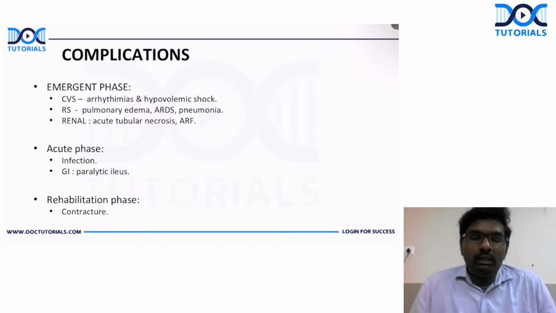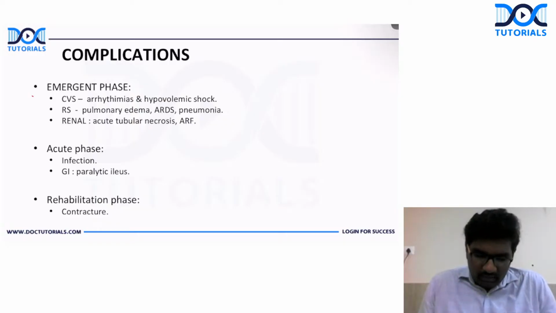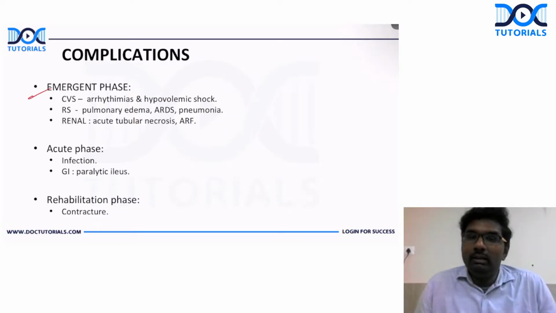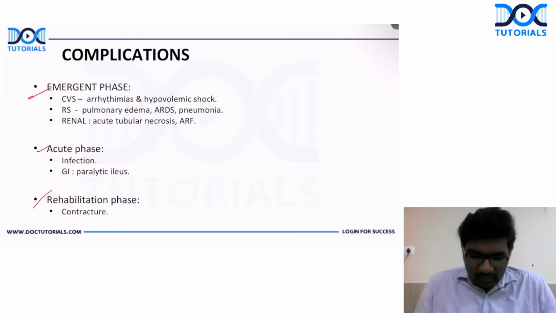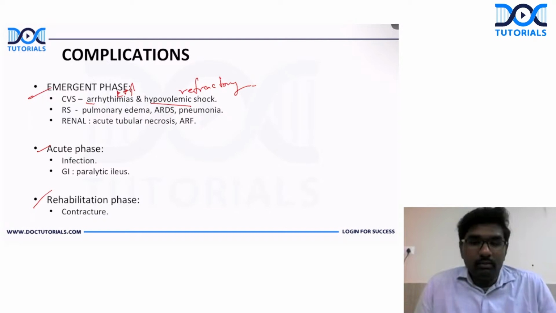Now coming to the complications of burns. These can be in the emergent phase, that is what can occur immediately, the acute phase, and the rehabilitation phase. Complications in the emergent phase include arrhythmia and hypovolemic shock. The arrhythmia can be because of hyperkalemia, and hypovolemic shock can even be a refractory shock, which can cause cardiac arrest.